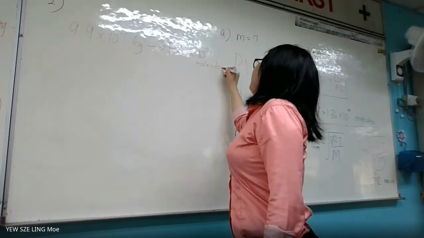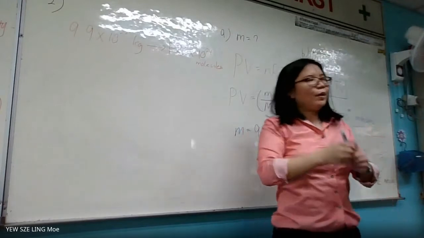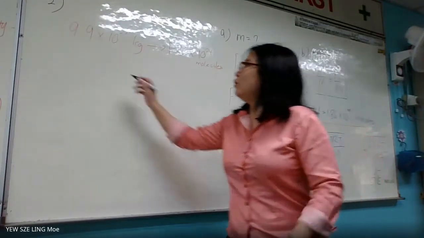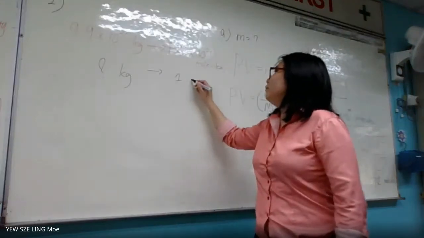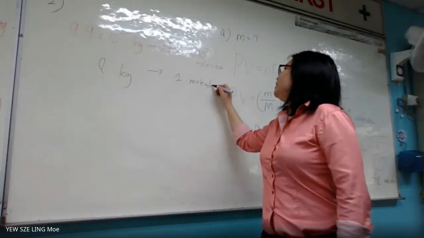Alright, so this is the information that we have right now. What we want to do is that now we don't know what is the mass in kg for just one molecule. So this is the relationship.